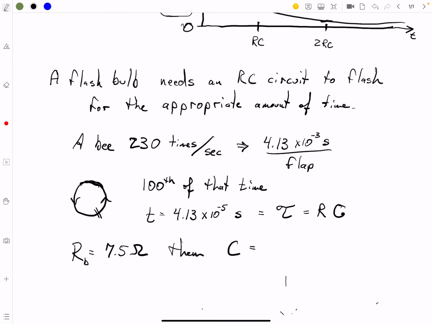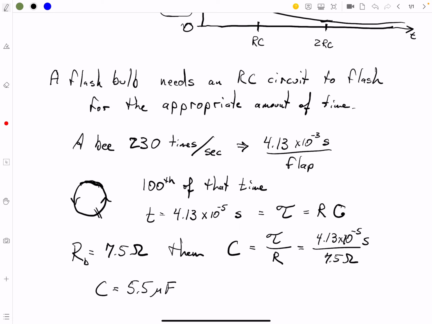We need the actual time, tau, over R. So we're going to put in 4.13 times 10 to the minus 5, and divide that by 7.5 ohms. That gives us 5.5 microfarads. Nice.